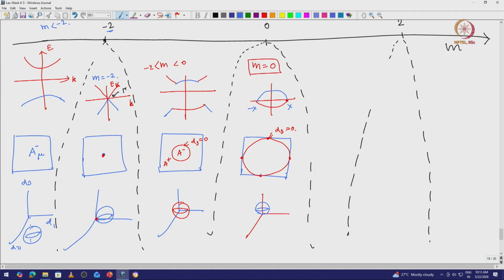Okay, now comes this region, and it will be opposite to this one. So m is greater than 0 but less than 2. So again you will have a band inversion at some point k star.